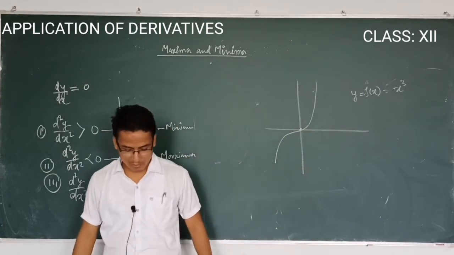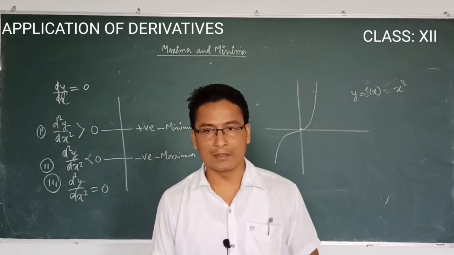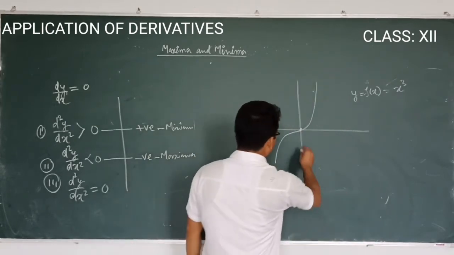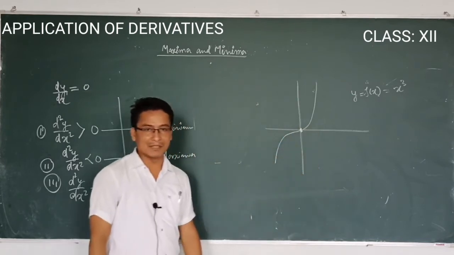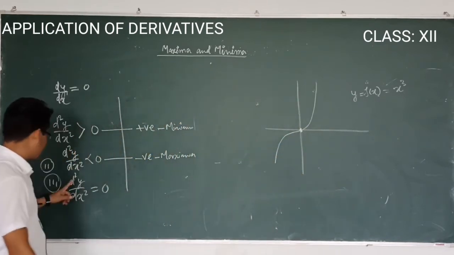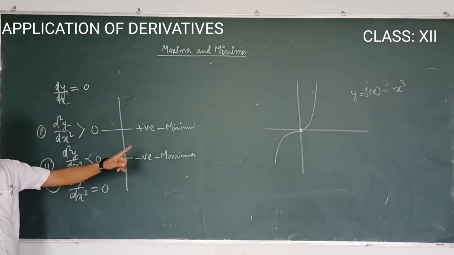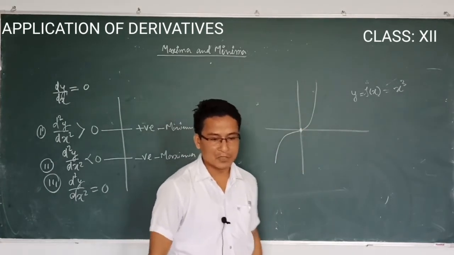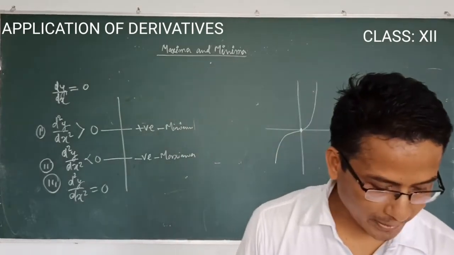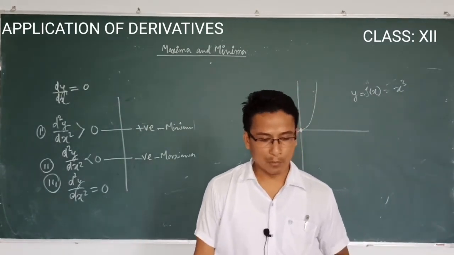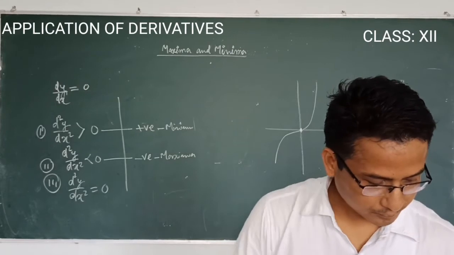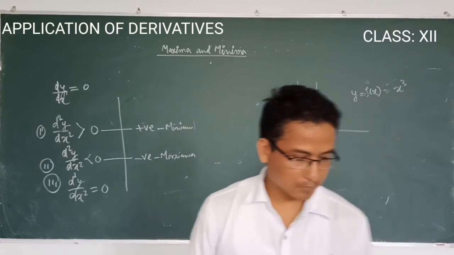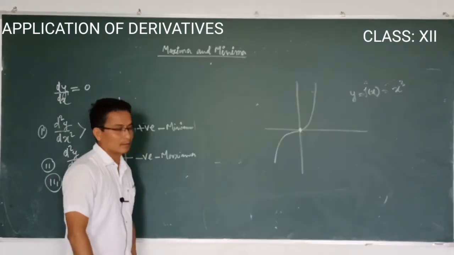So where is the maximum point and minimum point? We don't know. Here we do not get a maximum or minimum value. So it is not true that every function has maxima and minima. Here we will get dy/dx equal to 0 and d²y/dx² equal to 0. That means at that point it's neither maximum nor minimum, so we call that point a point of inflection.